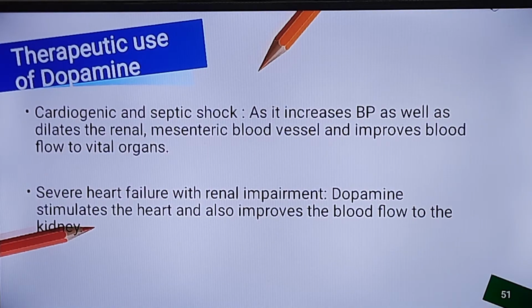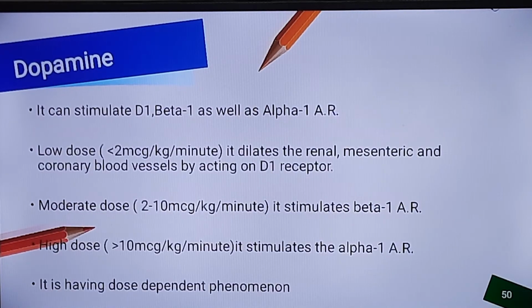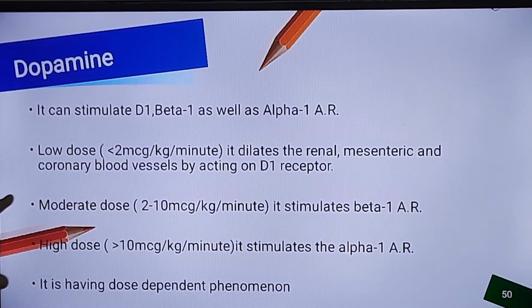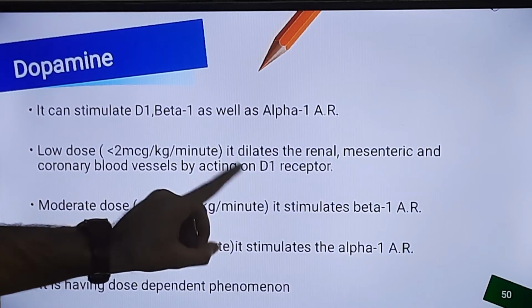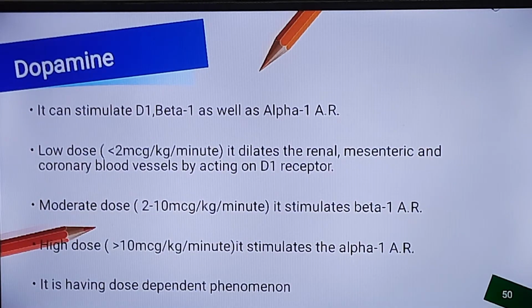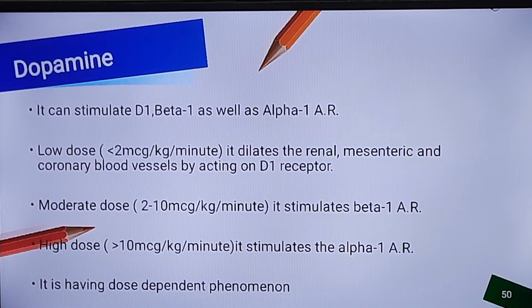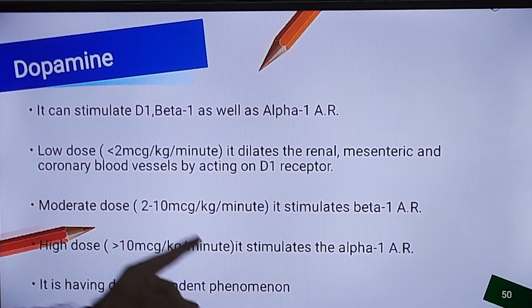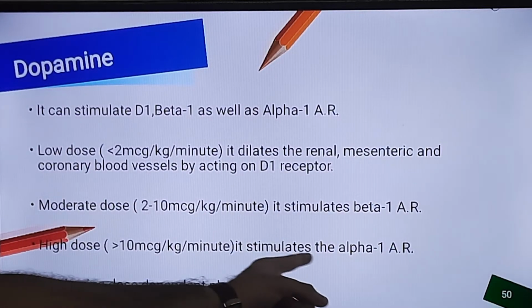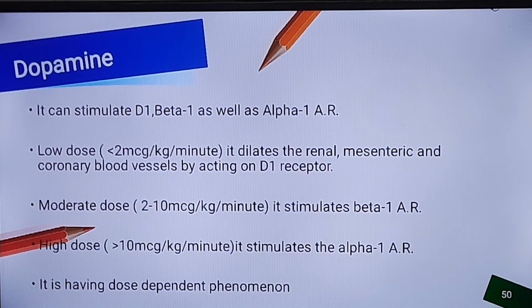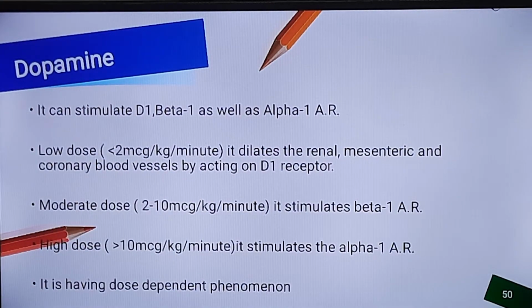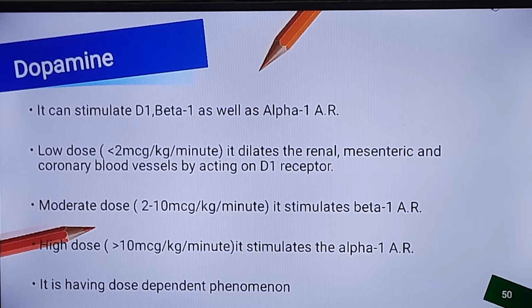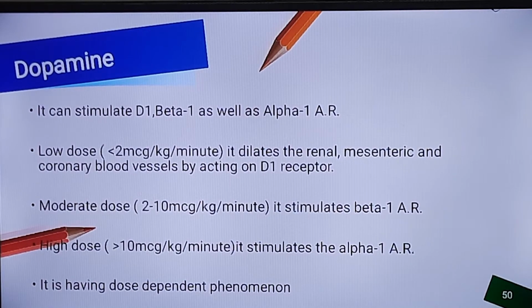How it will increase the blood pressure? Very simple. Our dopamine can stimulate our beta-1 adrenergic receptor, and also it can stimulate our alpha-1 adrenergic receptor. And whenever these receptors are stimulated, there will be increase in blood pressure.